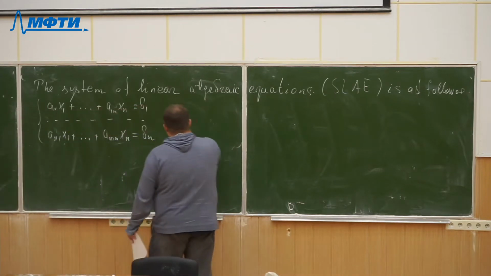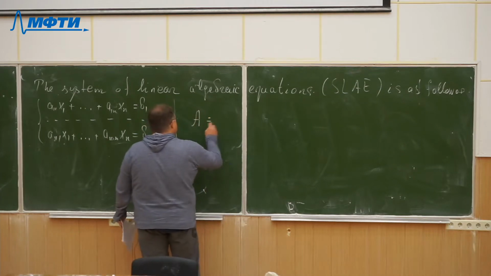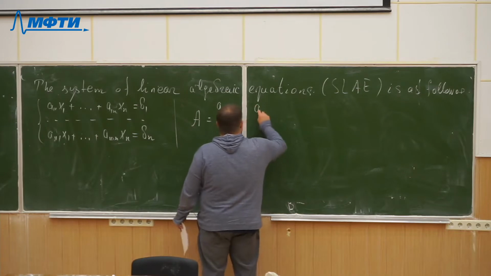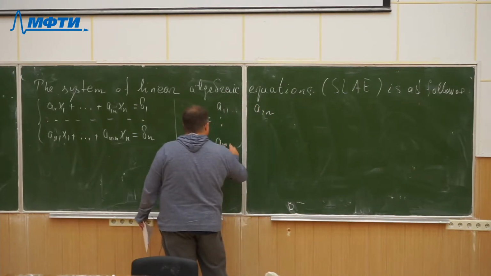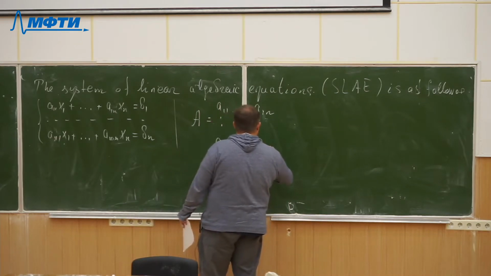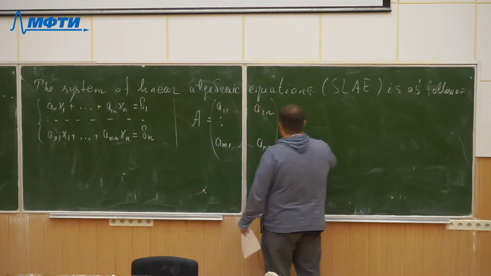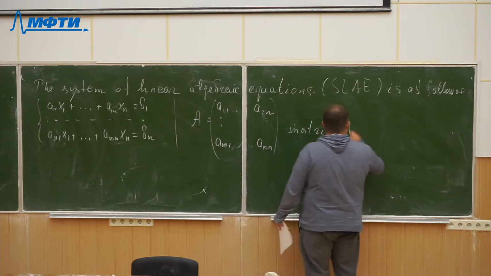Let's introduce the matrix A equals a sub 1 1, a sub 1 n, a sub m 1, a sub m n. We name it the matrix of the system.